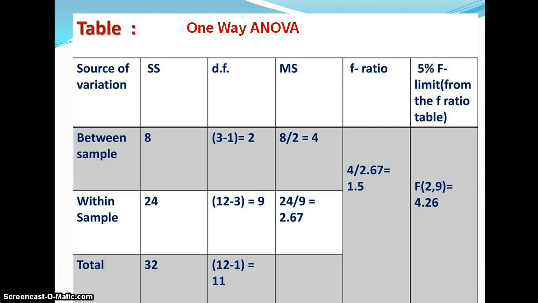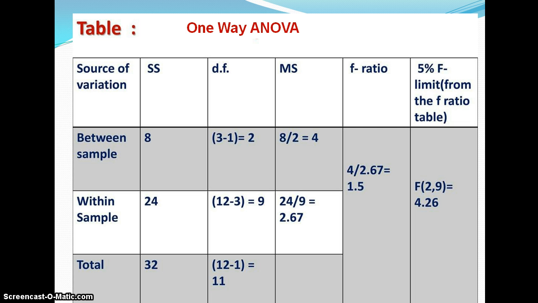Here again, within the sample there are 12 samples, and n minus k is 12 samples minus 3 varieties. This becomes 9. So these are the degrees of freedom.